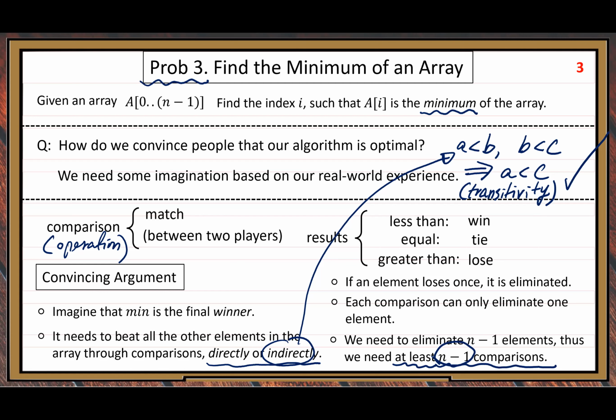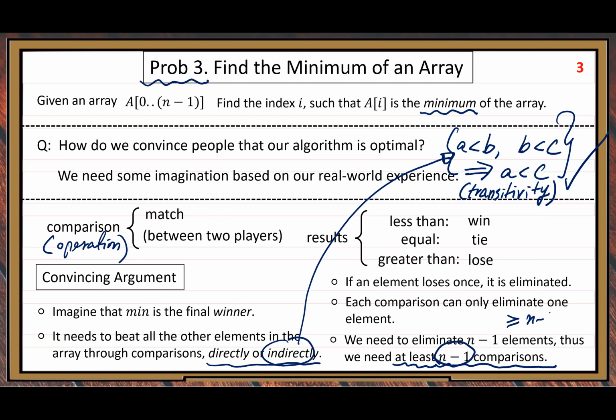For example, for A less than B, B less than C, we do not have to do a comparison between A and C, but one person may still arrange one redundant comparison between A and C. That's the redundant comparison. So we may have the situation where people do redundant comparisons. So that means the n-1 answer is the best.